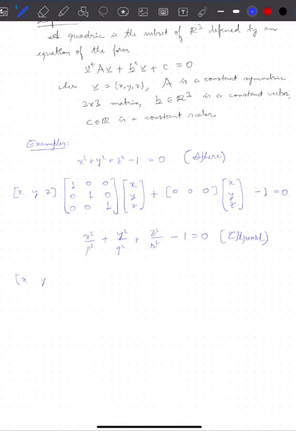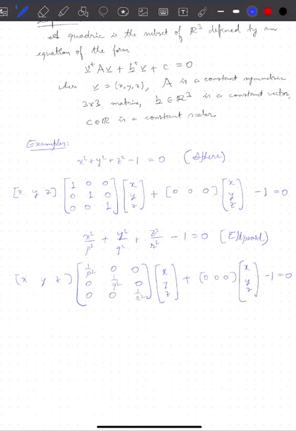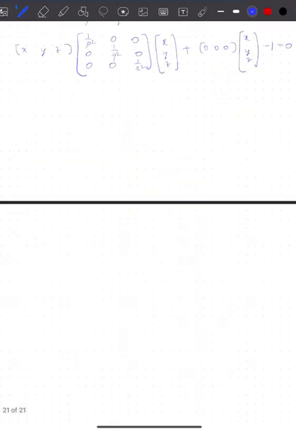In the same fashion, we have x, y, z with no linear term, so 0, 0, 0, and this becomes minus 1 equal to c. And no cross product terms. So the diagonal terms will be 1 by p squared, 1 by q squared, and 1 by r squared. So these are such examples, right?